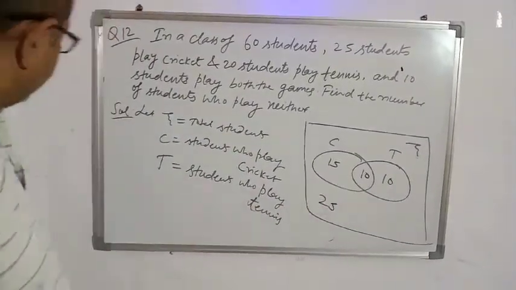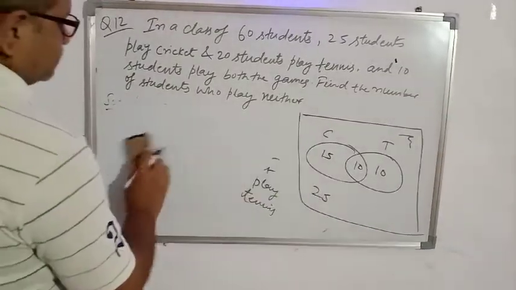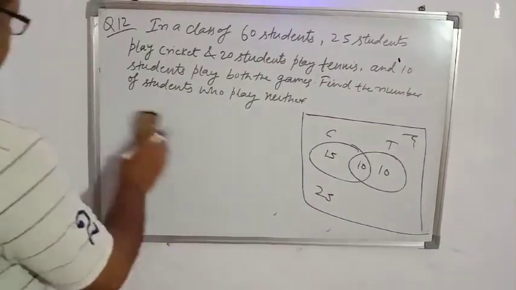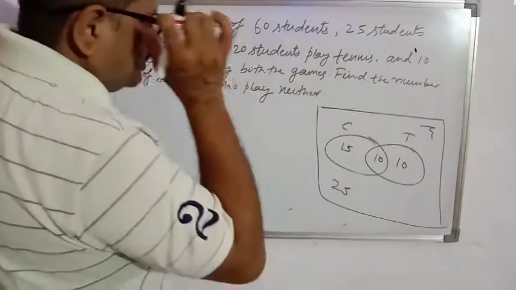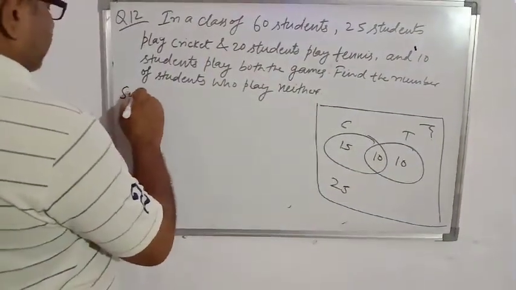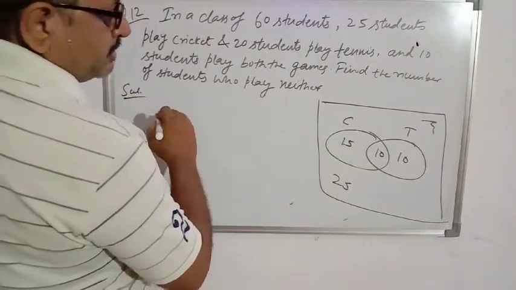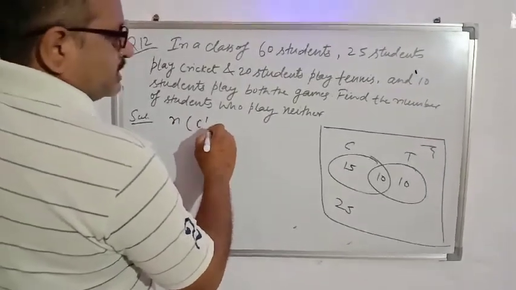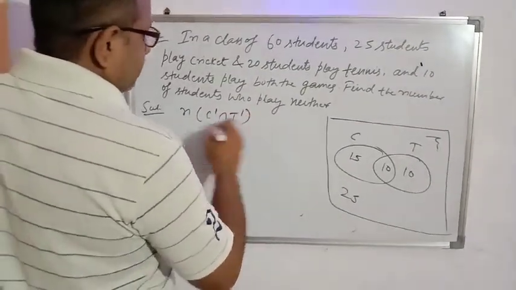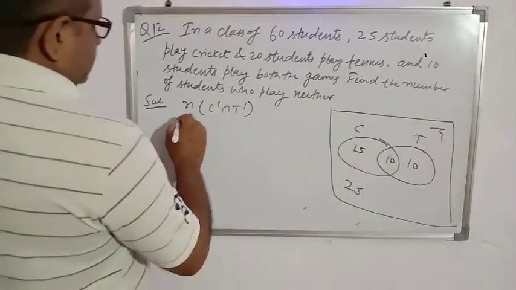So what will be the answer? 25. But we can also do it using a formula. We have to find the number of C dash intersection T dash, who play none of the games.